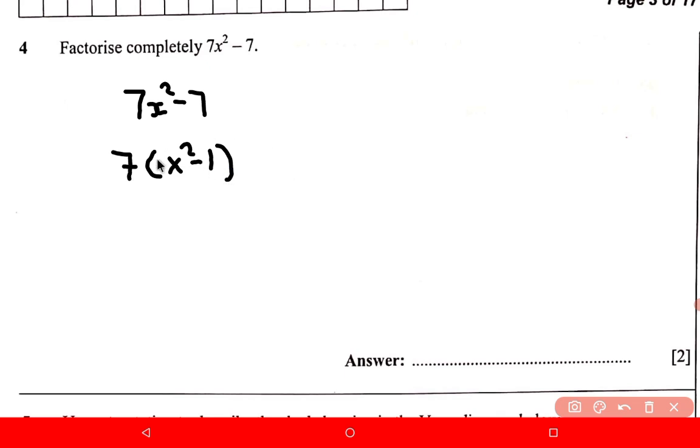Here you apply what we call difference of two squares, where you make everything in the brackets. Make sure that everything here has a square of 2. So we're going to say 7 out. So that will be x squared. X already has a square. Now when we say 1 squared, we don't change anything here.